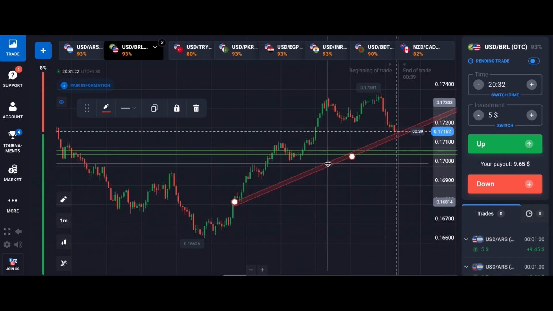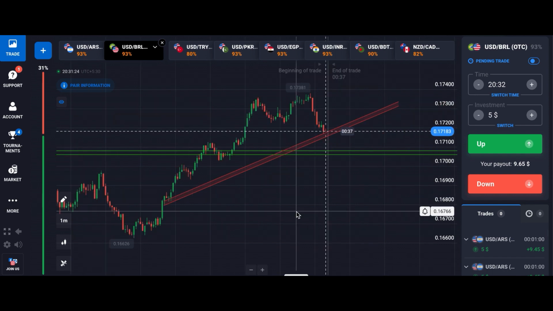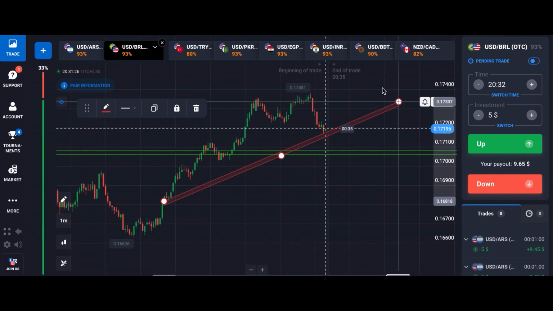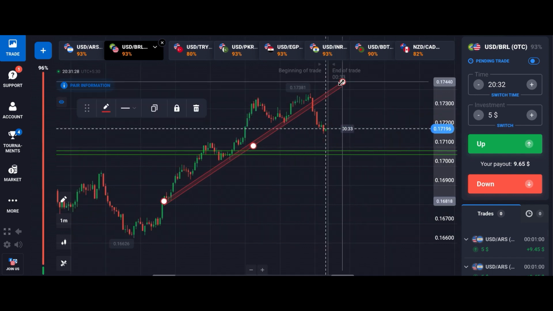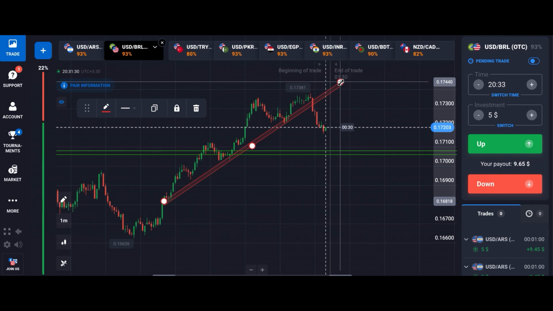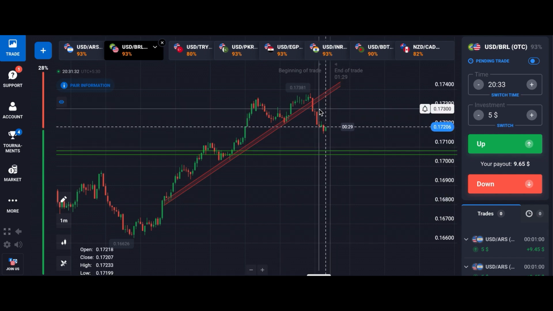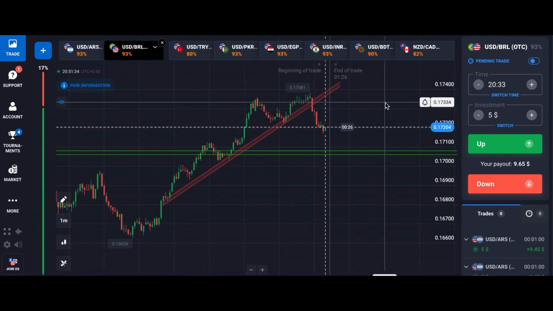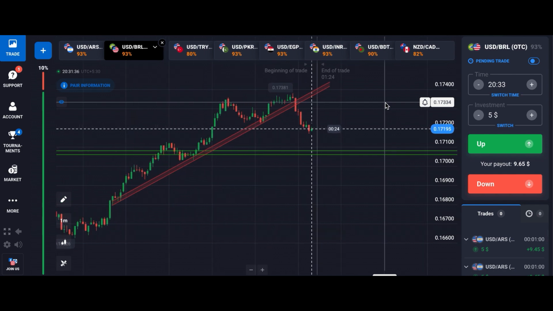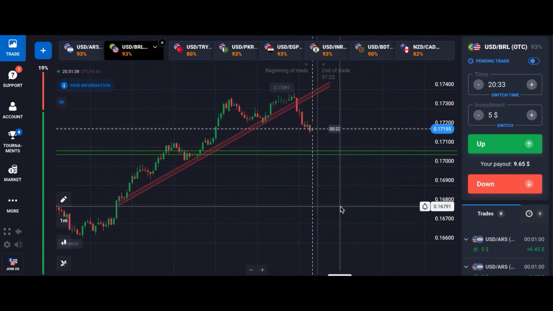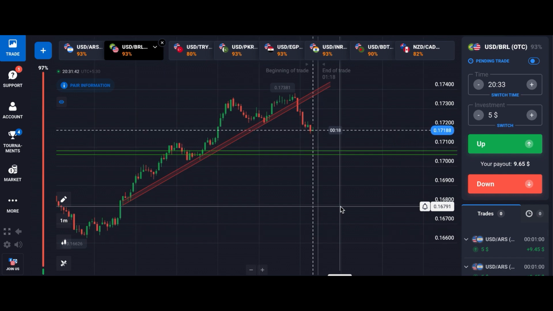If we draw it from here and go from here, we can see that the market has broken this trend line. So now the momentum of the market has changed from upward to downward. The market will now go down.